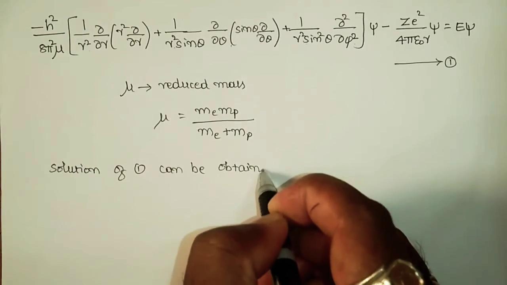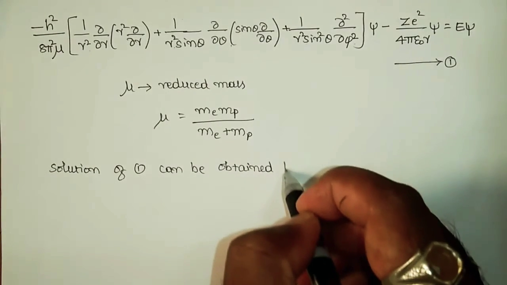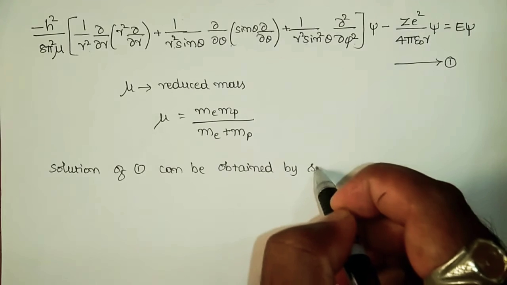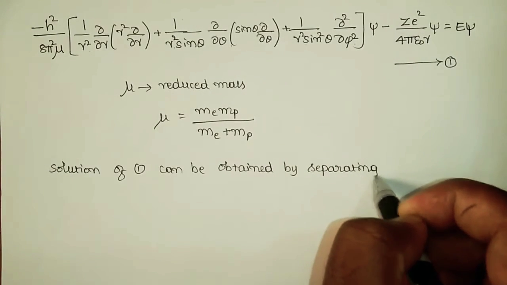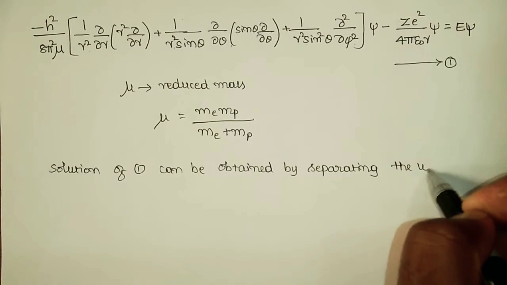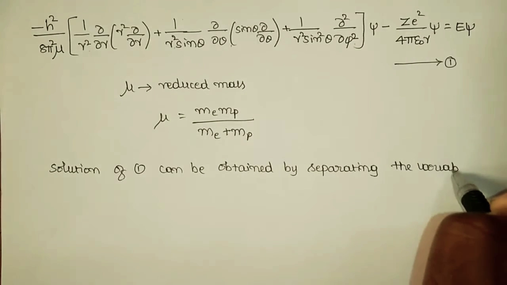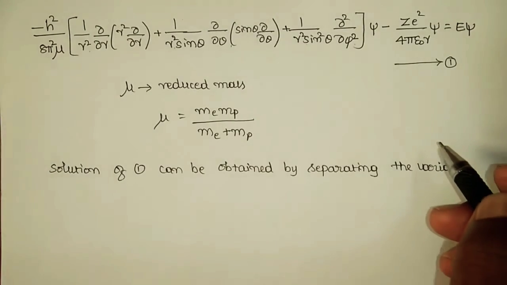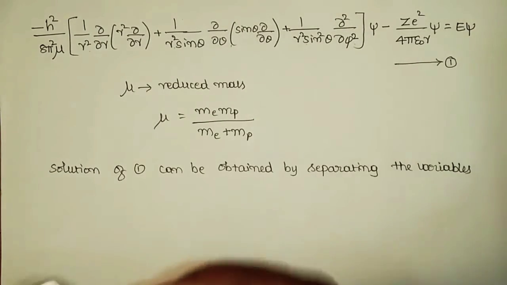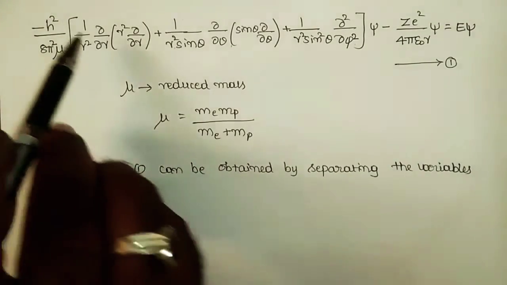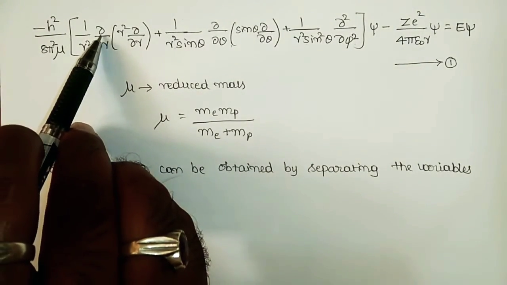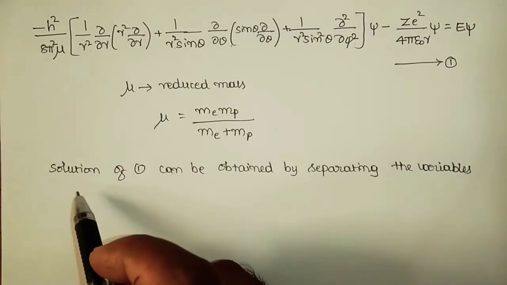The solution of equation 1 can be obtained by separating the variables. Here we have the partial derivatives, that is dou, and we will be getting normal differential equations.